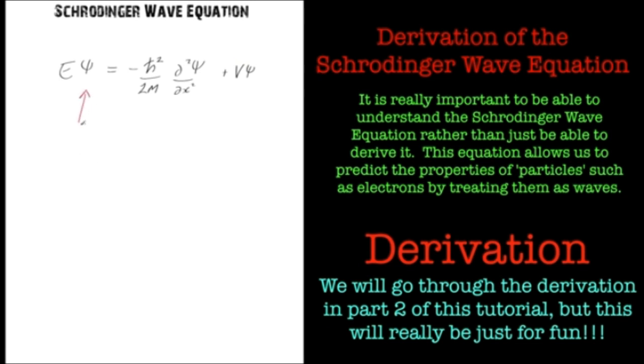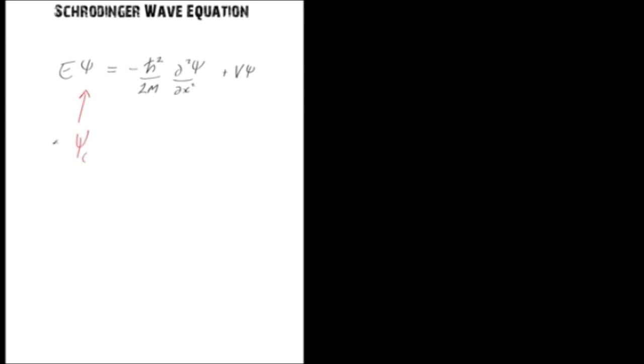So this is a wave function or wave vector. Now psi, for what we're interested in, we're just going to be interested in one dimension, so we'll just choose the x dimension. And if we look at it as a function of its position and time, then it can be expressed using this equation.